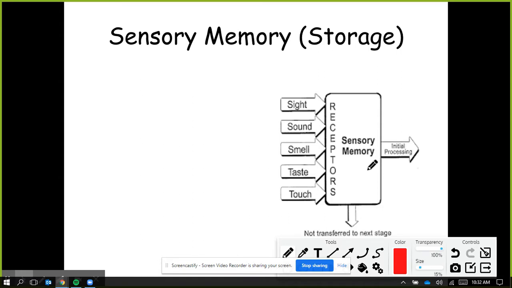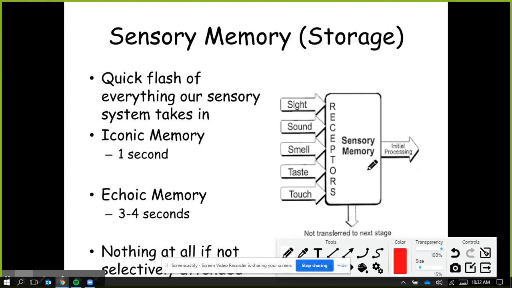The first level of storage, we could call it the first holding cell for memory, is what is called sensory memory. Sensory memory is essentially a quick flash of every sensation that is coming into our brain at any given second.